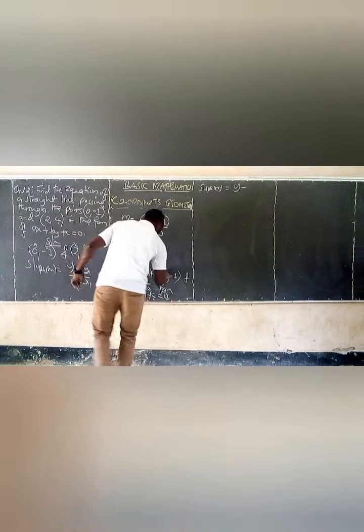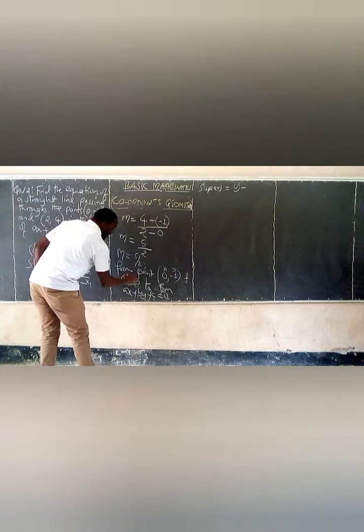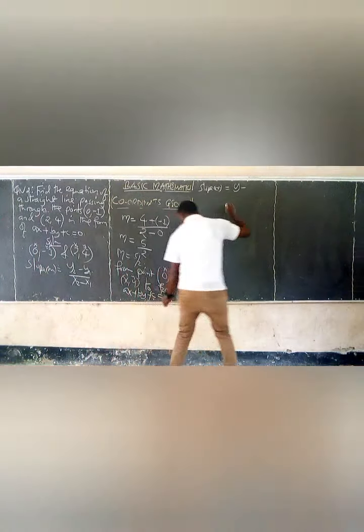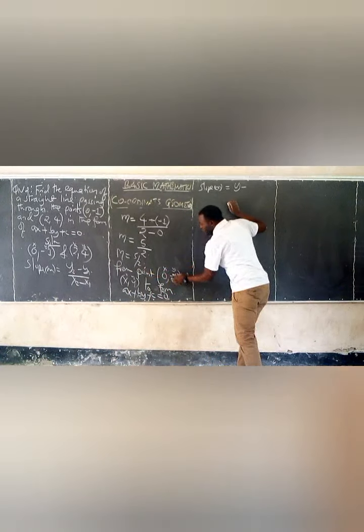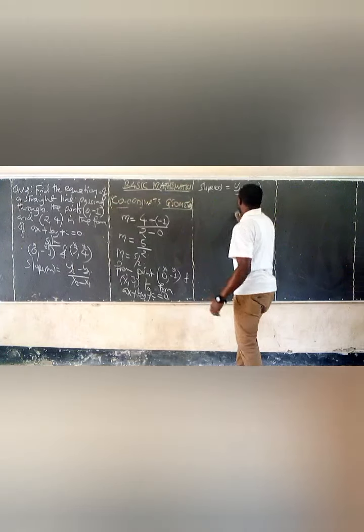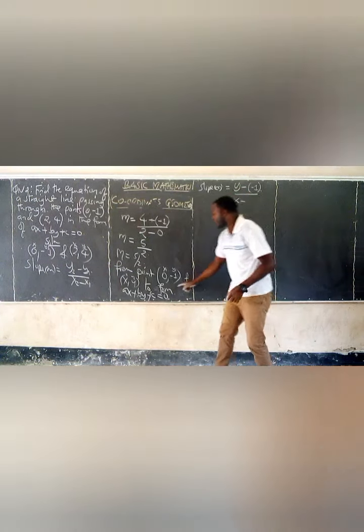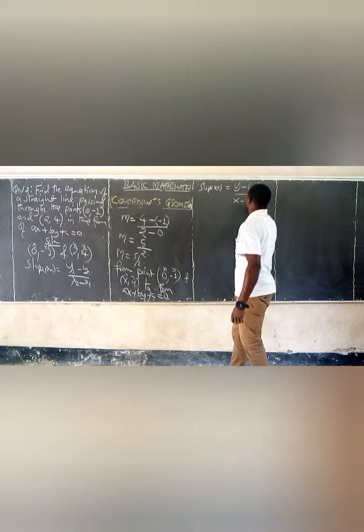Let this be x1, y1, and this x2, y2. So what is our y1? y1 will be equal to -1, then divide by x minus x1. What is our x1? x1 is 0.